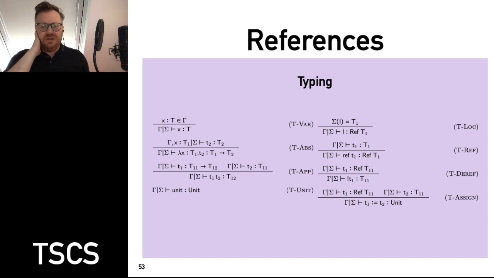This was in your example good, but on the right side you have the type of that reference. So if you do an assignment, so a colon equals ref 0, then a would be a reference to a reference of nat, and not just a reference to nat.